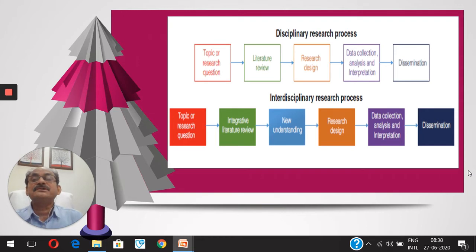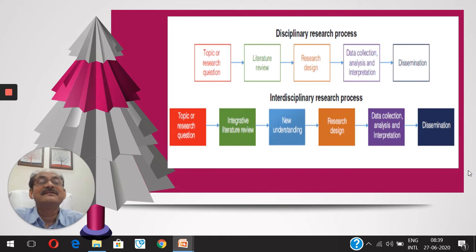In the disciplinary research process, the topic or research question is the first thing, then the literature review. This is disciplinary because we are working in the same discipline. Then research design, data collection, analysis and interpretation.